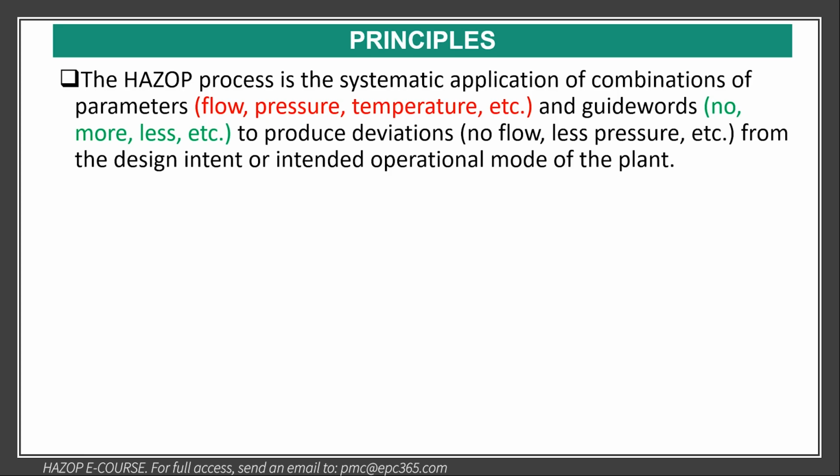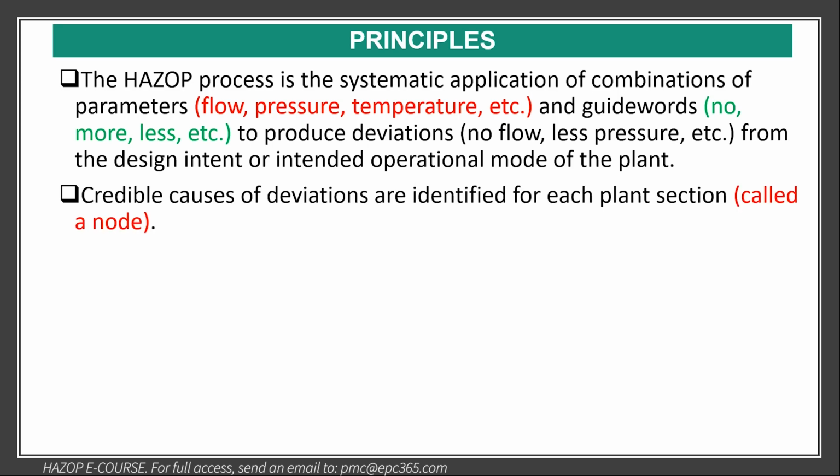So as we said, the Hazop process is a systematic application of combinations of the parameters. We will discuss the parameters: flow, pressure, temperature, etc. And guide words like no, more, less, etc. And to produce the deviation from the design intent or intended operational mode of the plant.